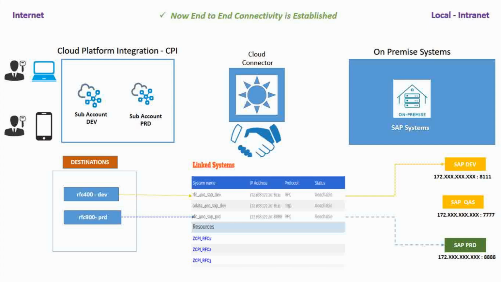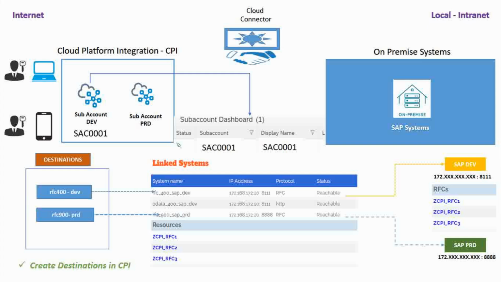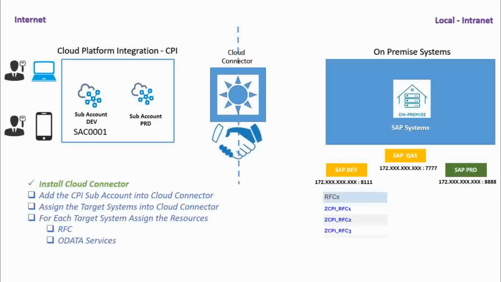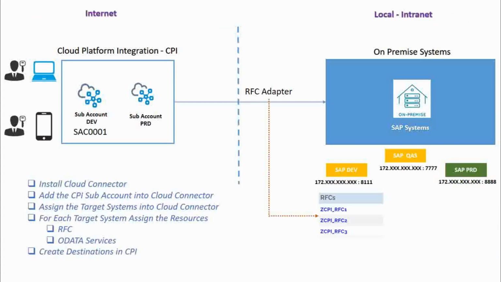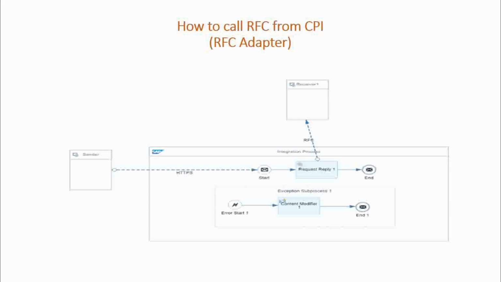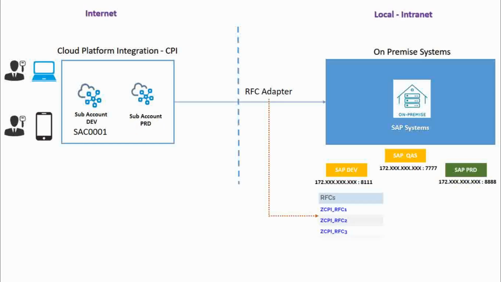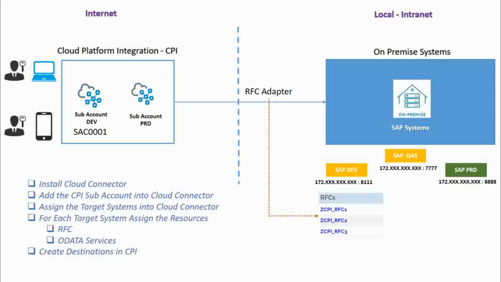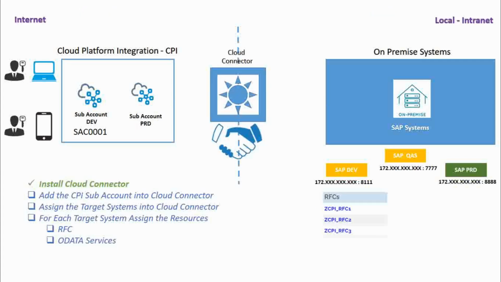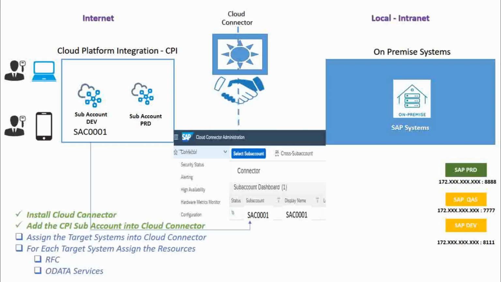So you got it now. Just a quick review. This is my overall blueprint. I have two different systems, one CPI and the other an SAP system, connected via the RFC adapter. For this I need the cloud connector. In the cloud connector I have to register my sub account.